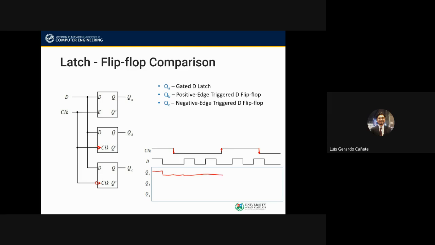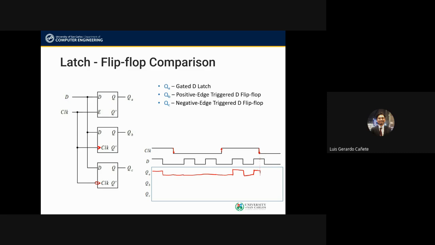And then when we go to 1, we start copying the value of D, but it's just 0, so it doesn't matter. Then we transition to a 1 because we are allowed to copy D because clock is 1 and we are using a latch. We still copy it up to here, up until we go back down to 0.